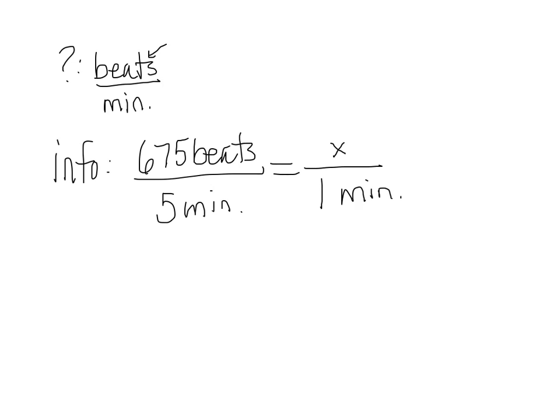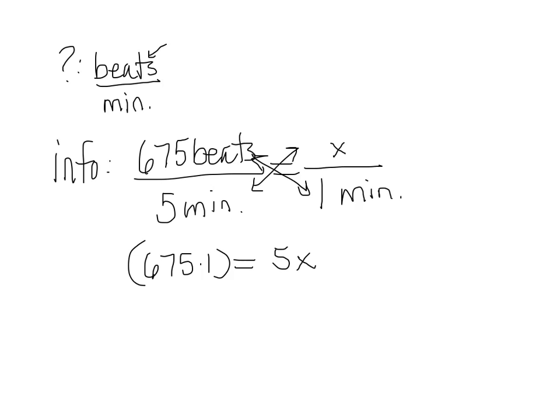Now, there's a fast way to do this. Every single time that you write this down, you're going to multiply these two because they're the ones across from each other that you have two numbers. Do I have two numbers this way? Not yet, because I'm solving for x. But I know it's going to be 5 times x that it's going to equal.